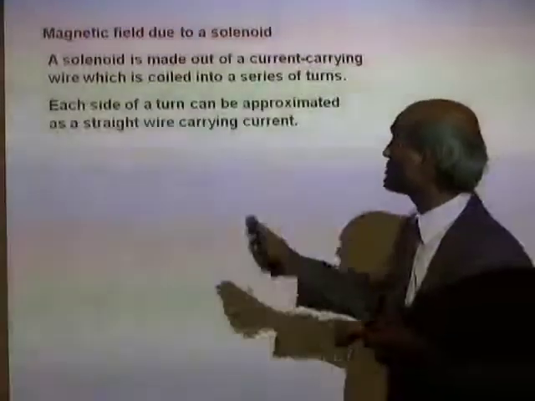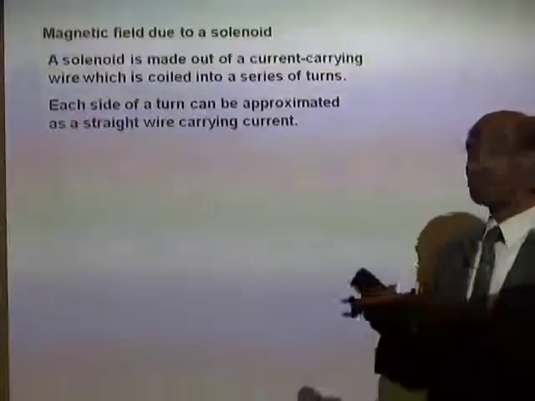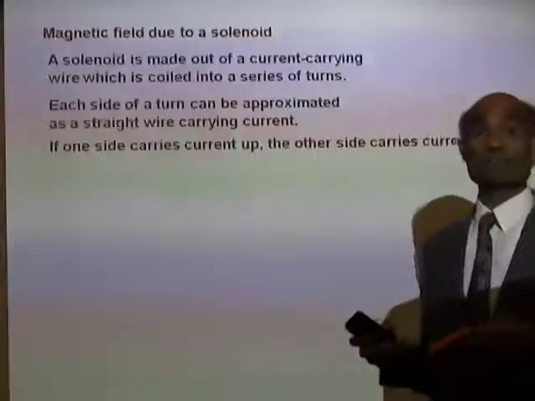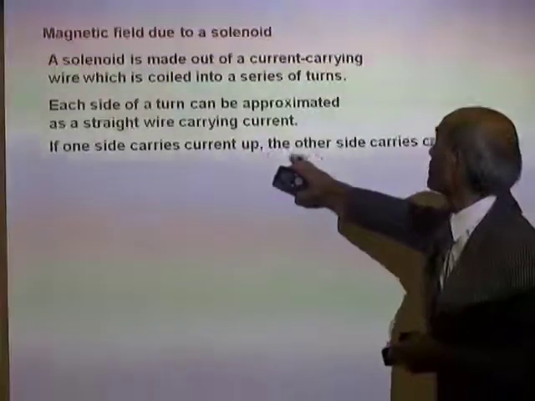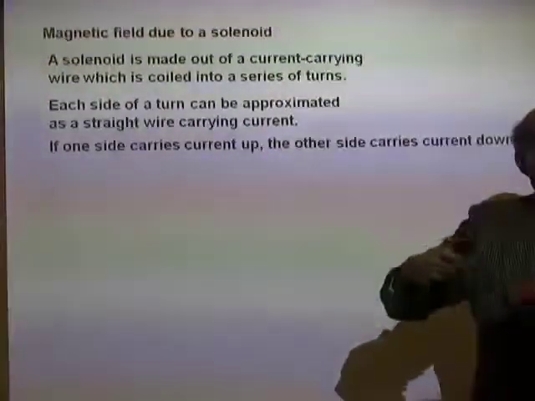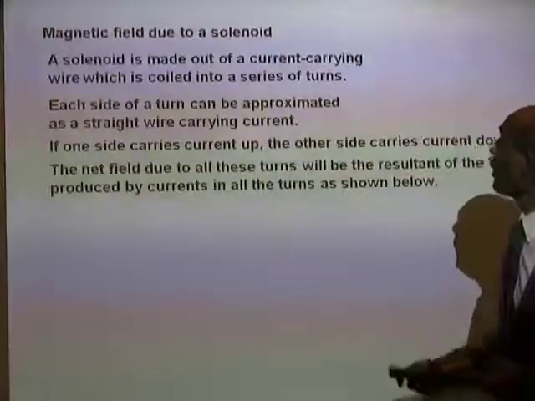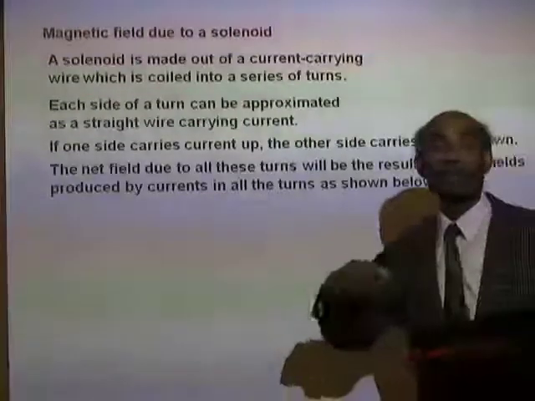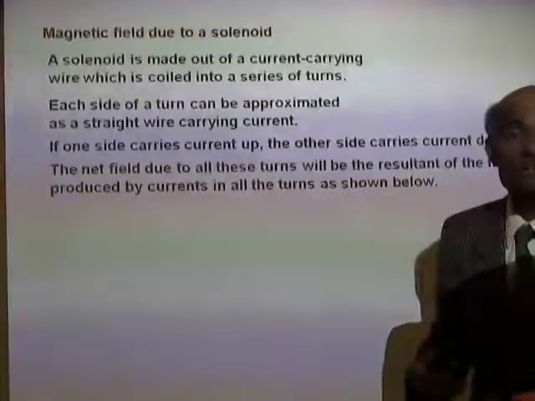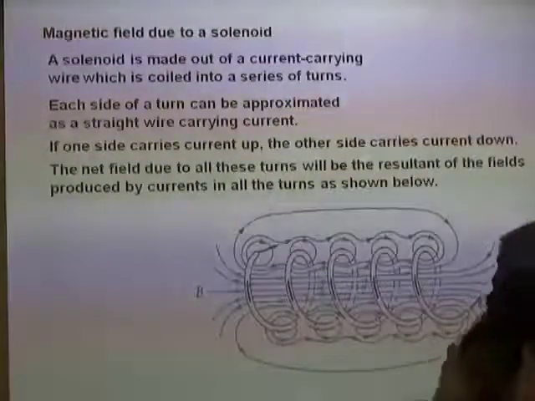So each side of a turn can be approximated as a straight wire carrying current. If on one side the current is up, on the other side the current will be down. So the net field due to all these turns will be the resultant of the field produced by all these turns inside the solenoid. Now here I have a picture of that.